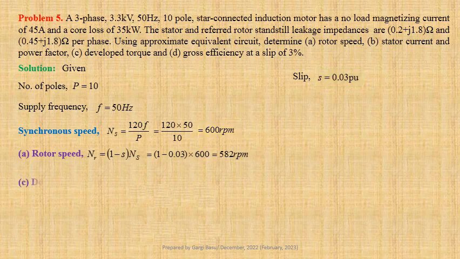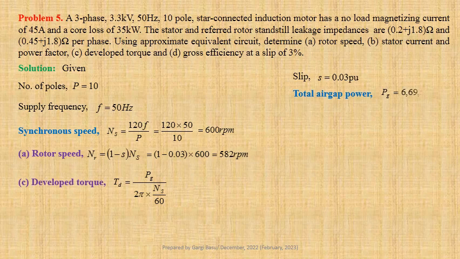Expression for developed torque Td equals Pg divided by 2 pi into Ns by 60. We have determined total air gap power Pg equals 6,69,510 watts.